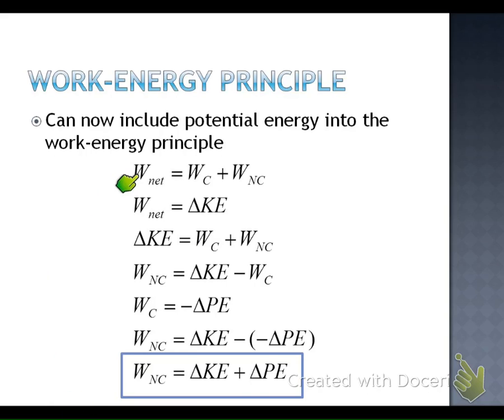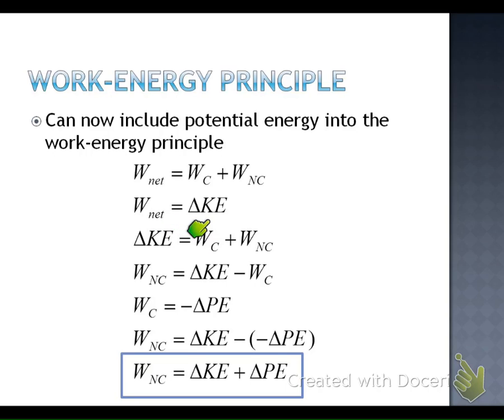So we know that our net work is going to equal the work of our conservative forces plus the work of our non-conservative forces. Total work done has to be conservative plus non-conservative. We also know that the net work done is equal to our delta kinetic energy.